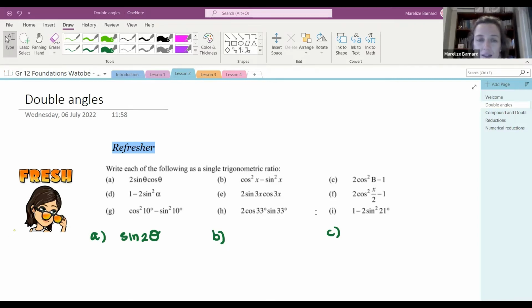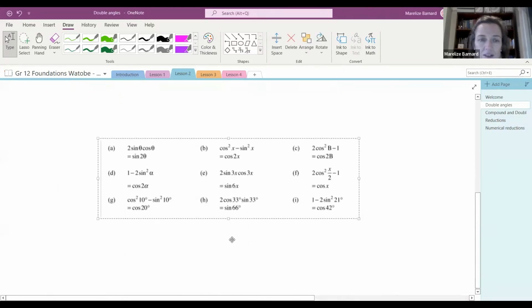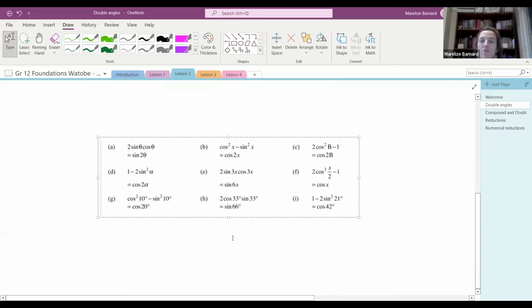Okay, so I'm going to call time, and here's our answers. So A is cos of 2 sine of 2 theta. B, cos of 2x. C is also cos of 2b. D is cos of 2 alpha. E is sine of 6x.